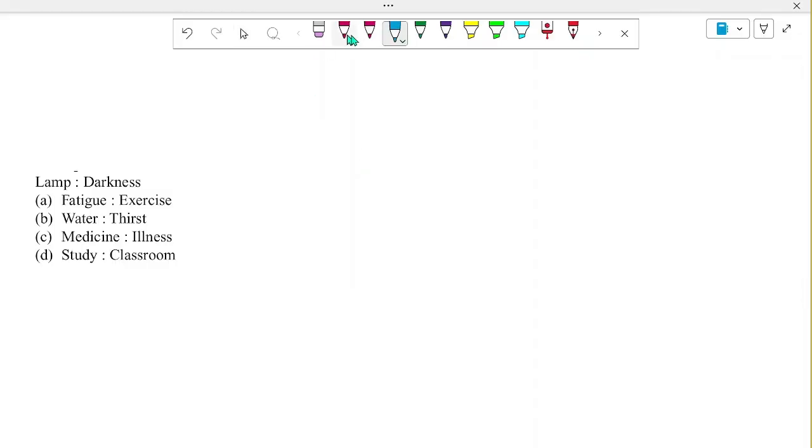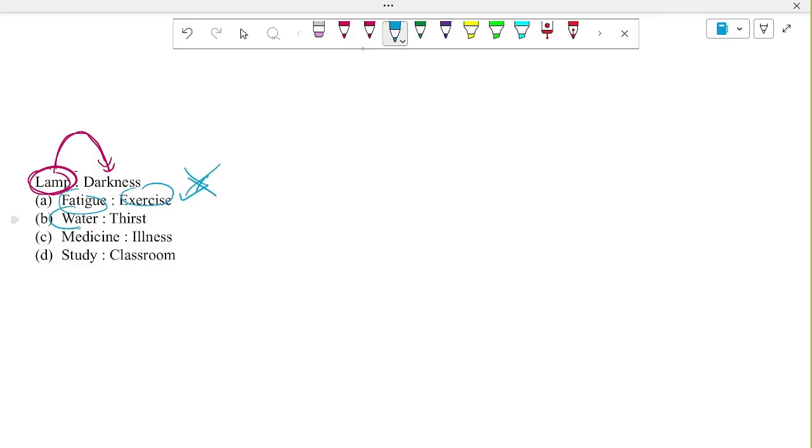Okay, you see. We'll use a lamp to remove the darkness. Okay. What we'll do? We'll use a lamp to remove the darkness. That is a hint. Okay. Now, in the first question, we'll use fatigue to remove exercise. No, this is wrong. It is not sounding good.